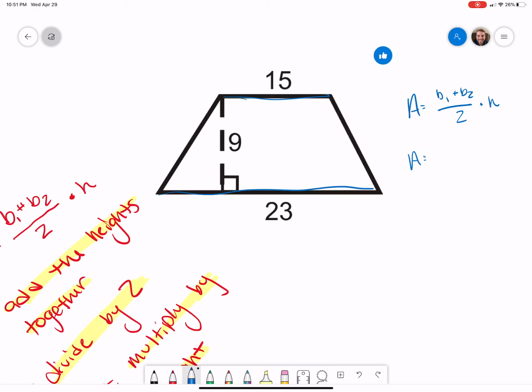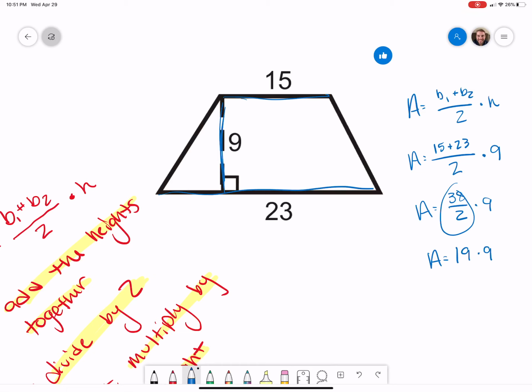So 15 plus 23, those are my bases, divided by 2, multiplied by my height, which is 9. So then area equals, well, what's 15 plus 23? Good, 38, divided by 2, multiplied by 9. So I need to divide by 2 next. So area equals, think about what 38 divided by 2 is. Good, 19. So 19 times 9.